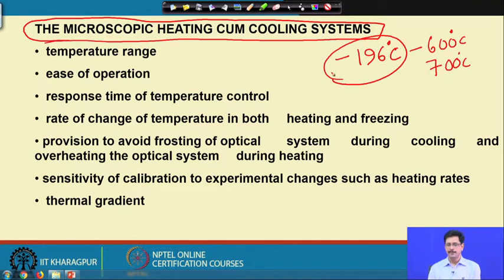We are limited by the lower temperature of minus 196 degrees Celsius, because it corresponds to the boiling temperature of liquid nitrogen at atmospheric pressure.